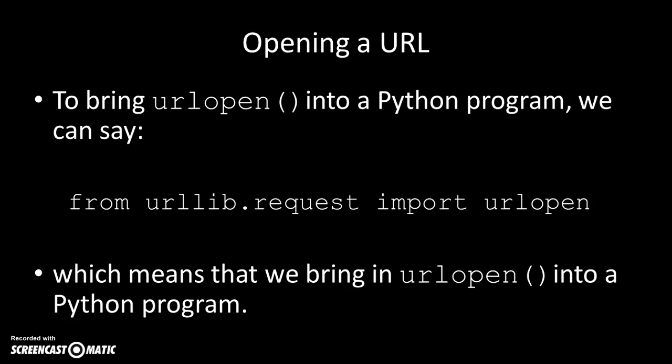Because the standard Python library has thousands and thousands of modules in it, we don't want to call them all in unless we need them, because it makes the program bigger than it necessarily needs to be.